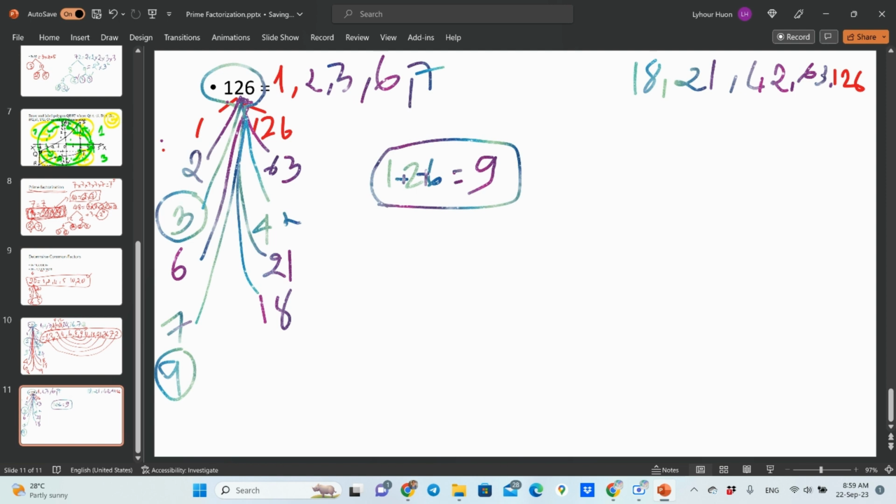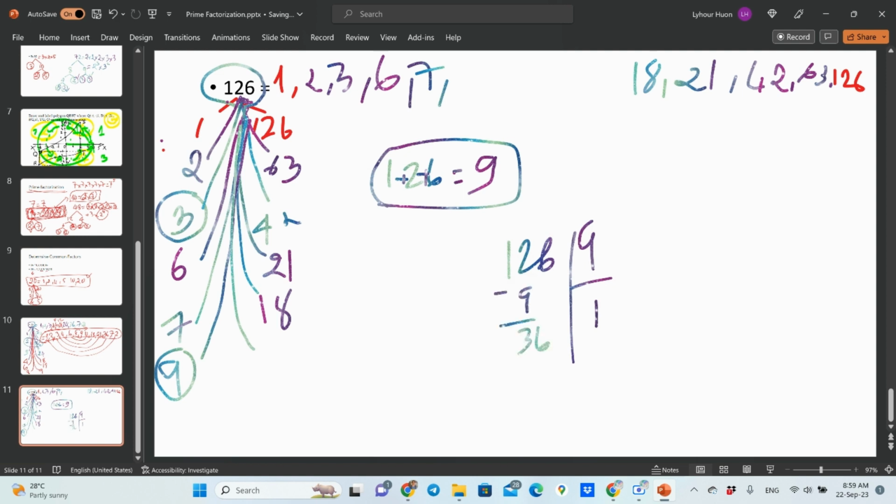So now it's equal to 9, so divisible by 9. So yes, it's divisible by 9, but what is the result? 126 divided by 9 is 14. So the other pair is 9 and 14.